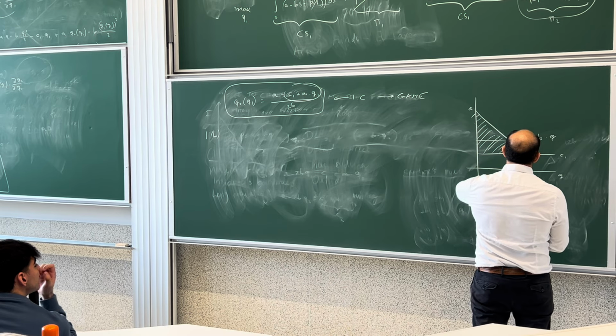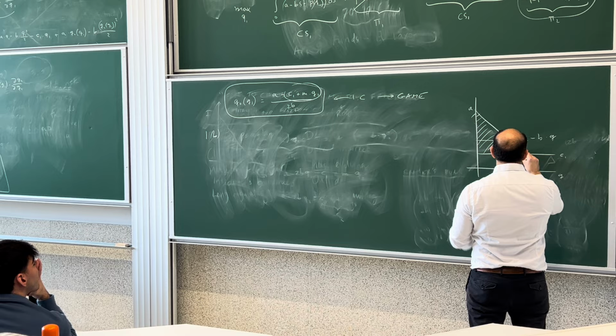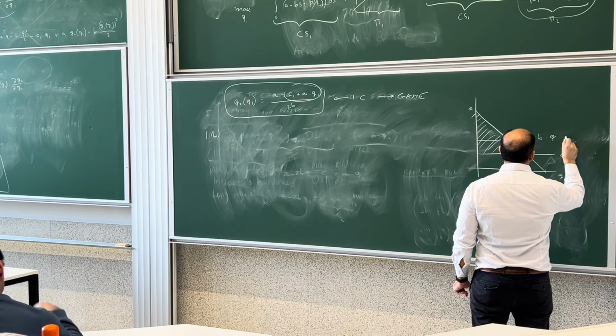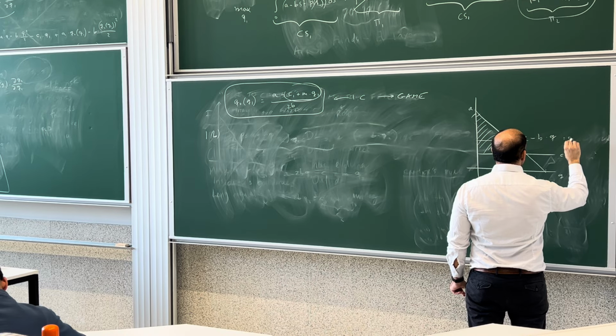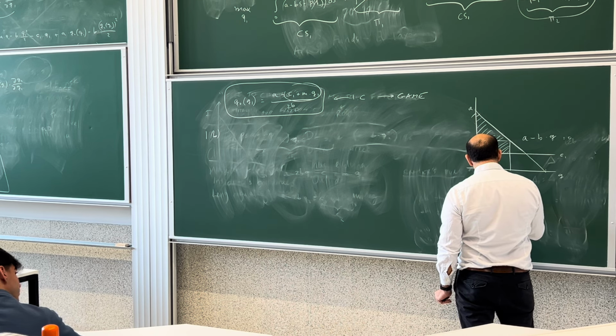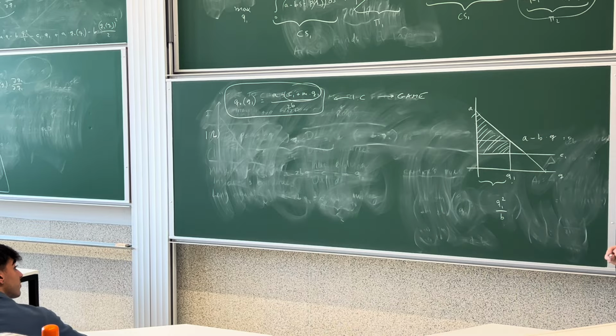If it has slope minus B, it's going to fall. Well, when this is equal to 0, then Q is equal to A over B. So it's going to be Q1 squared over B. That's going to be the area of the triangle. Is that right?